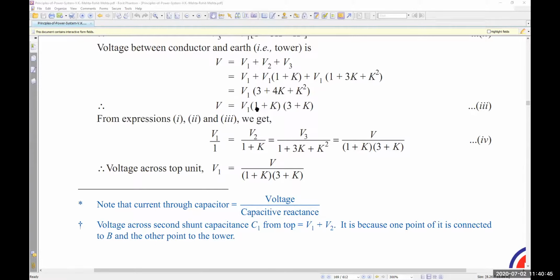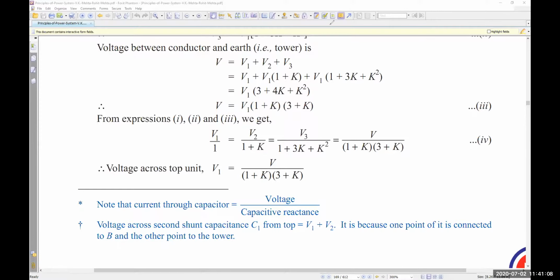So V divided by (1 plus K)(3 plus K) equals V1. So if you know V and if you know K, you can find out V1, right? If you know this and this, can you find V1? Simply, sir. Yes.